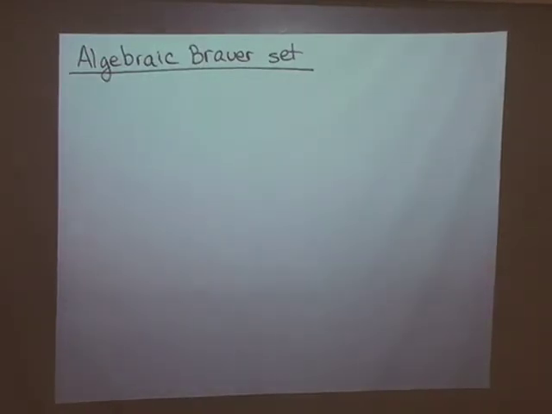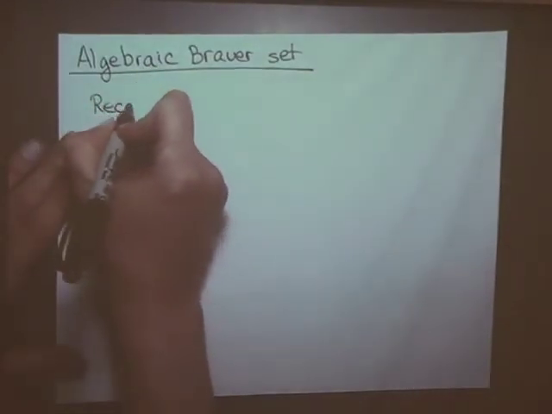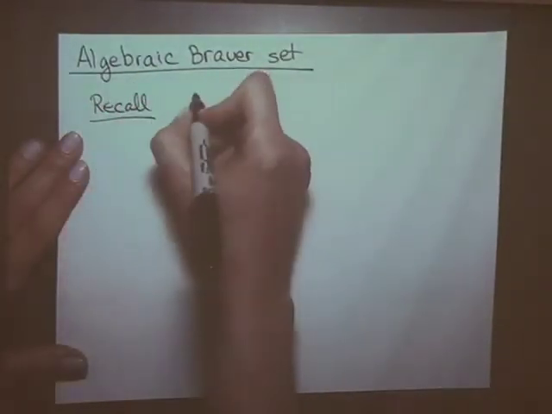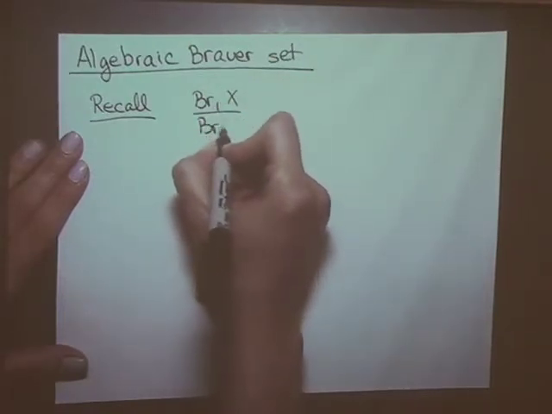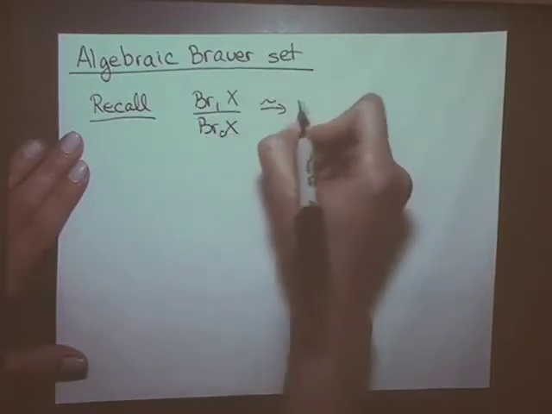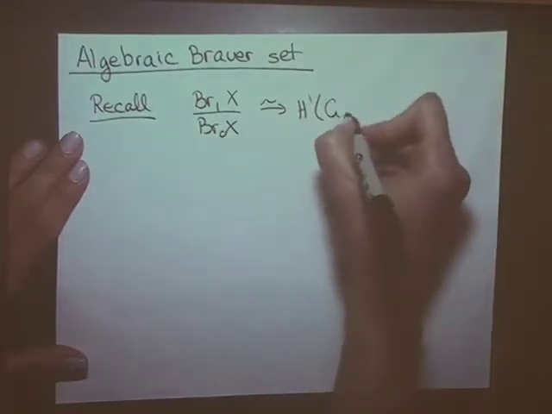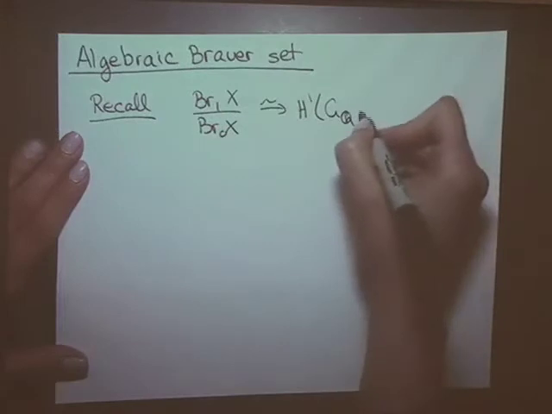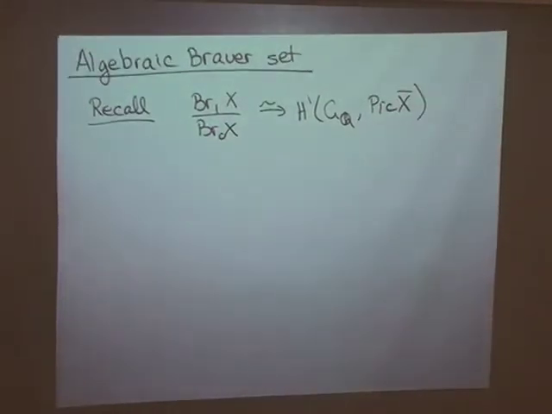So how are we going to do this? Well, let's forget whose lecture this was set in, but from spectral sequence argument, we get that Br_1 mod Br_0 of X over Q is isomorphic to H^1 of the absolute Galois group acting on Pic X-bar.